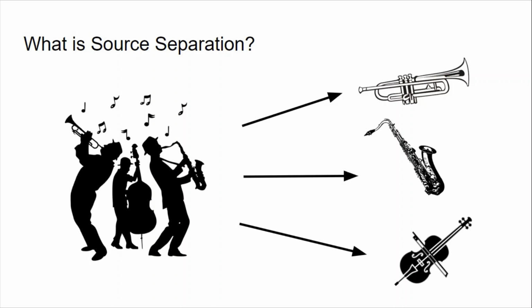One of them that's kind of popular is called independent components analysis. It's a really popular one, but I think the main drawback is that you need multiple recordings of the audio, and the only difference between them is how the sources are mixed.